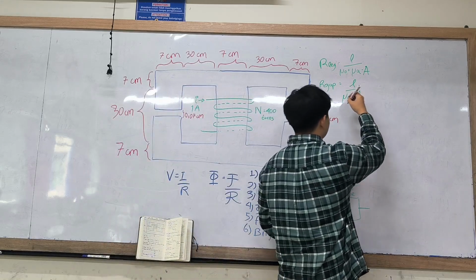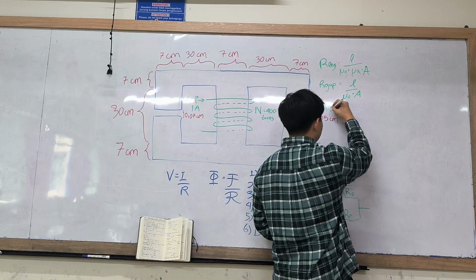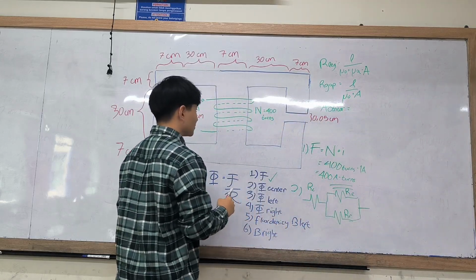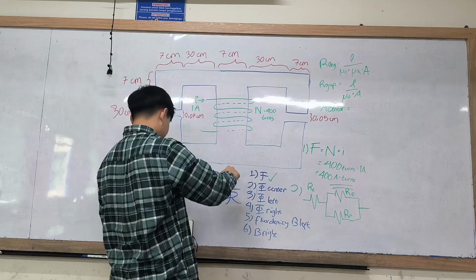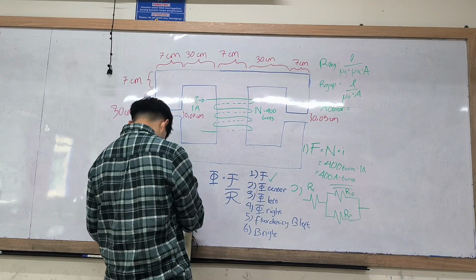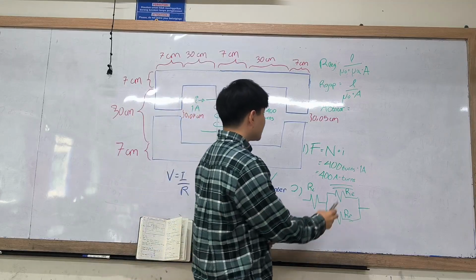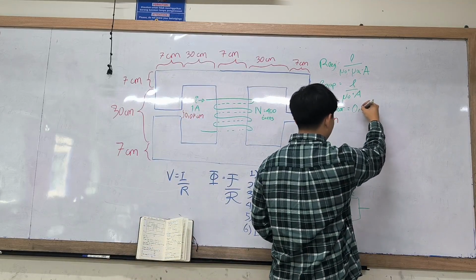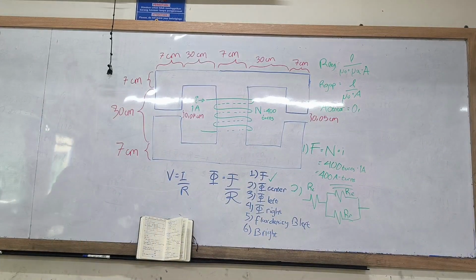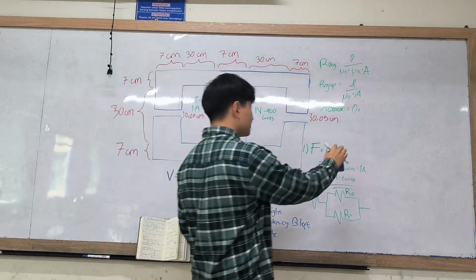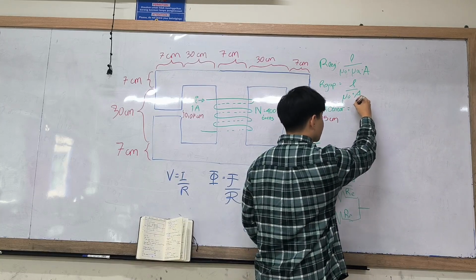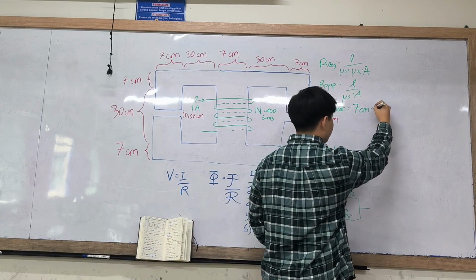So the area in the center is basically 7 centimeters multiplied by length.